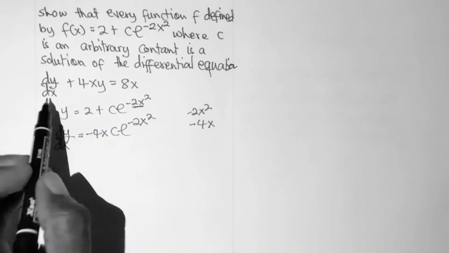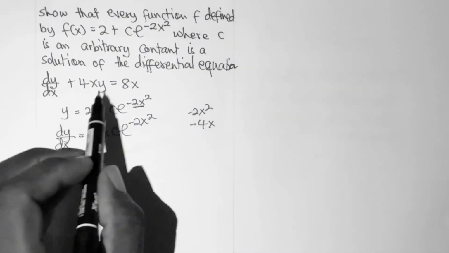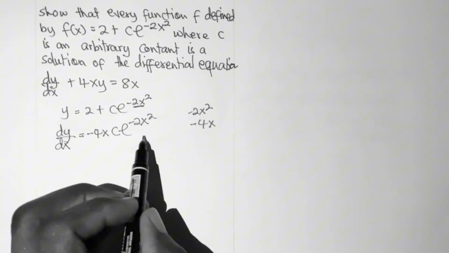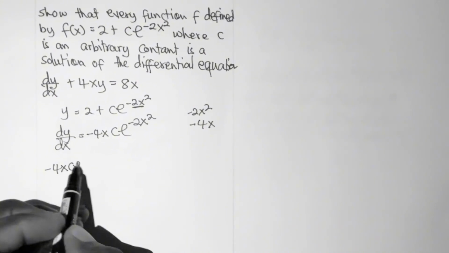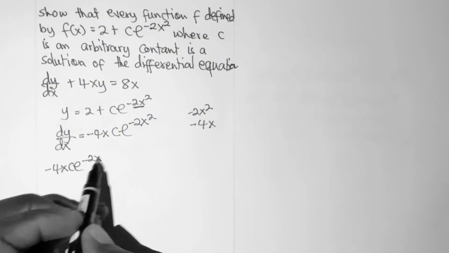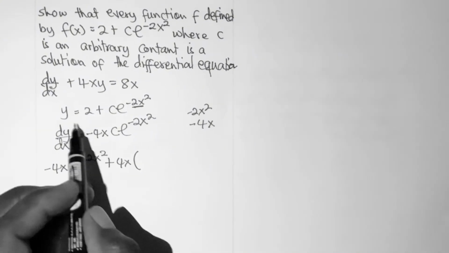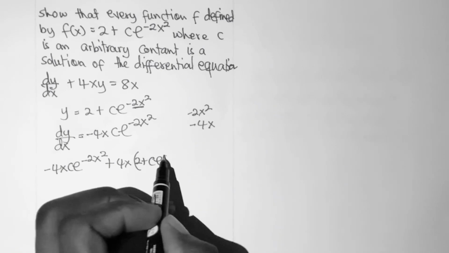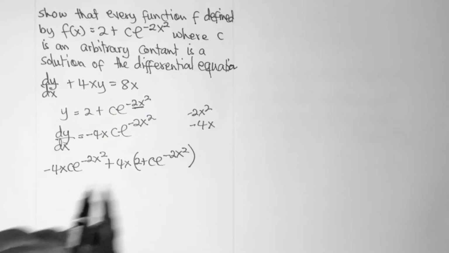Now, this one is of the first order. So what we do is that we put it into this equation. So dy/dx, this is dy/dx, minus 4x c e^(-2x²), then plus 4x times y. Y is giving us 2 plus c e^(-2x²).